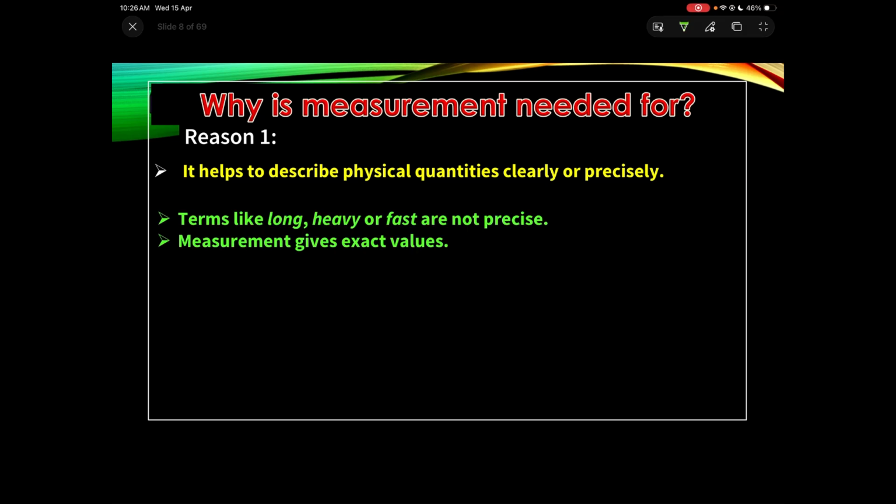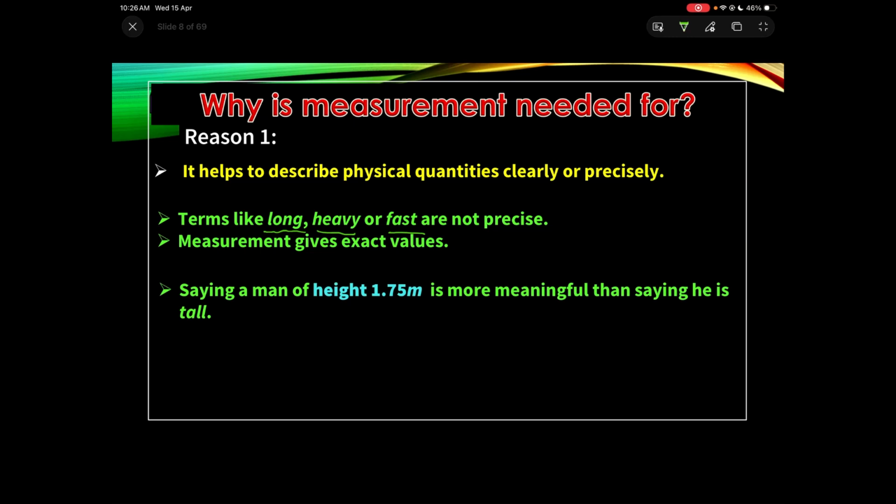Rather than saying the pencil is long, or the car is heavy, or the car is moving fast, which is not very precise, if you make a measurement, that will give you a clear idea of how much. The height of a person, 1.75 meter, is more meaningful than saying he is tall. Another example, the mass of a person is 80 kilogram, which is more precise and clear than saying he is heavy.